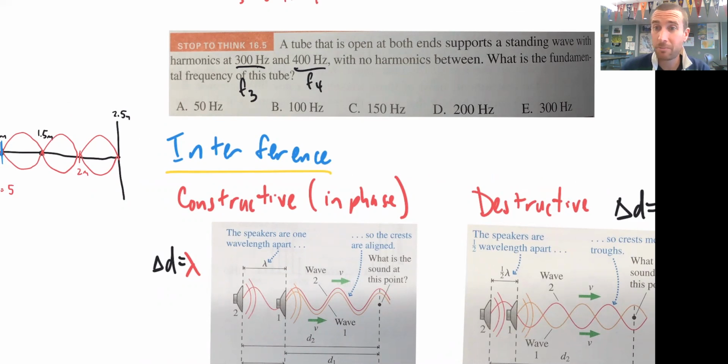What am I multiplying by 3 and by 4 to get 300 and 400? That has to be 100 hertz. So the fundamental frequency has to be 100 hertz because it's open at both ends, so it should be straight multipliers. 100 times 3 gives me 300, 100 times 4 gives me 400, so 100 must be f1.